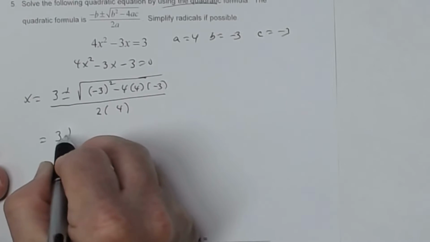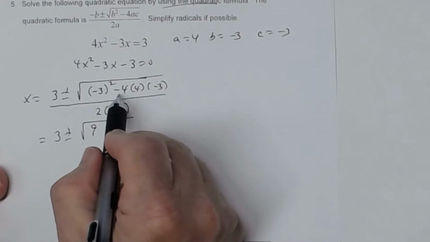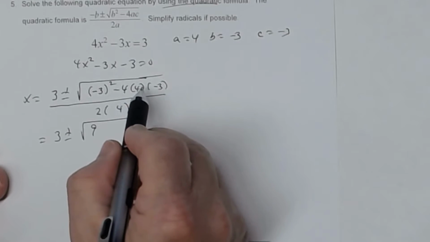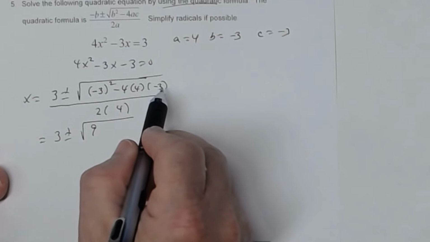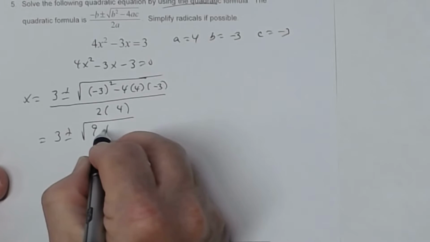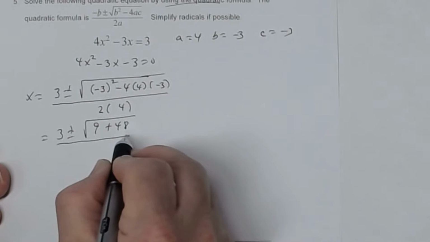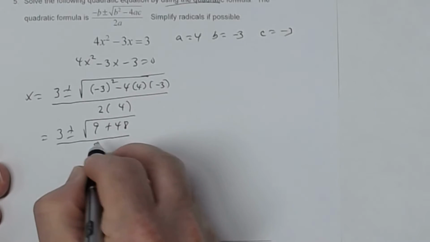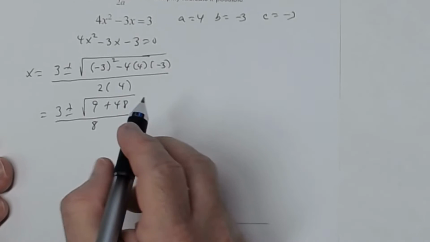So I get 3 plus and minus the square root of 9. And then a negative 4 times a positive 4 is a negative 16. And a negative 16 times a negative 3 is a positive 48. So I get 9 plus 48. All of that is being divided by 2 times 4, which is 8. And then we're going to go ahead and add 9 and 48 together.